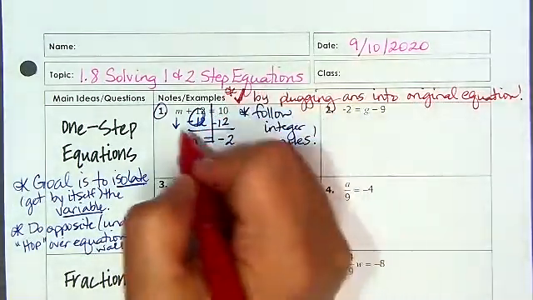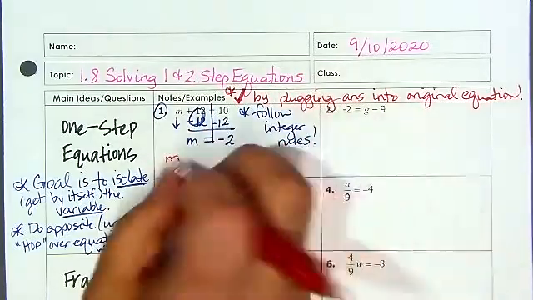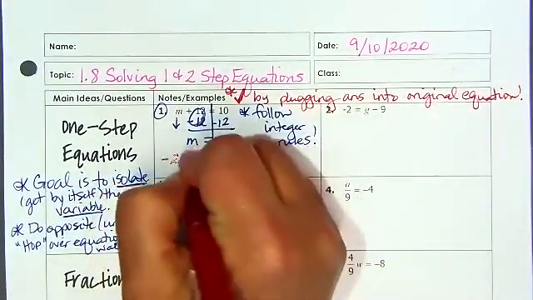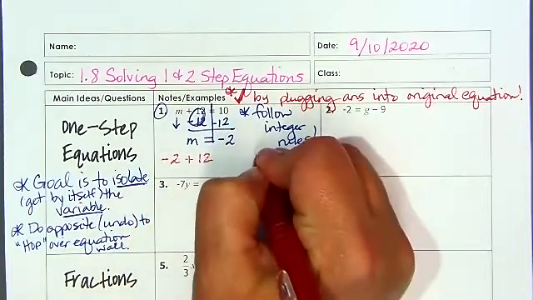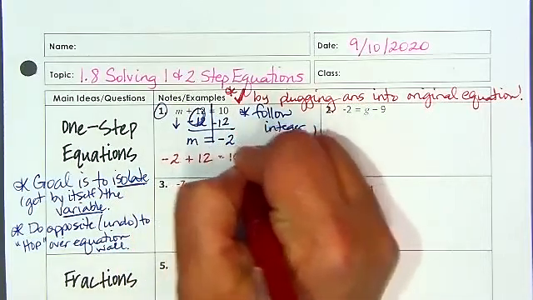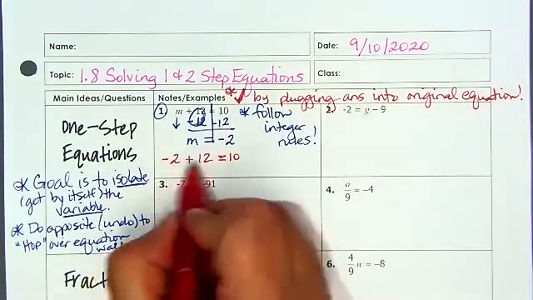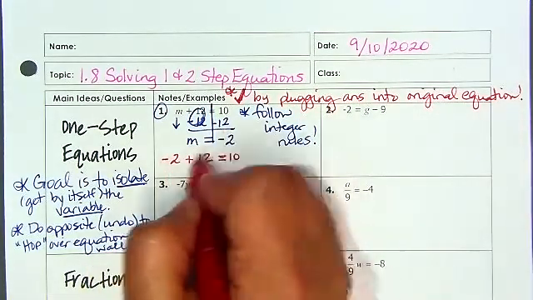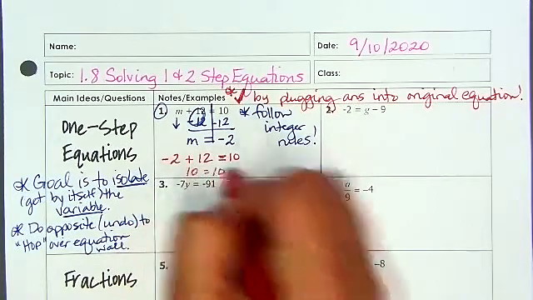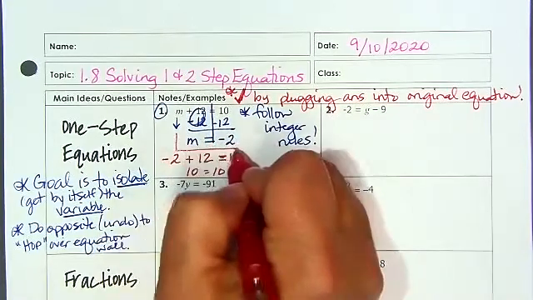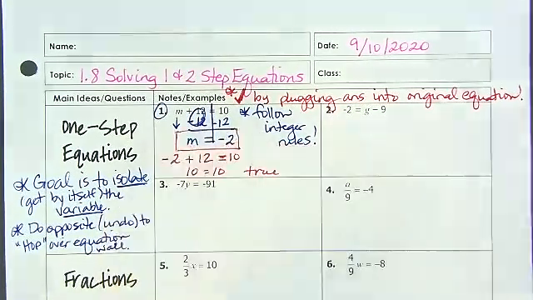So I'm plugging in for m. Negative 2 plus 12. I want to see if that's going to equal 10, if it's going to make a true statement. Negative 2 plus 12, different signs, so they're doing battle. The positives are winning, so we get 10 equals 10. This is true, so therefore this is my correct answer. There is no reason for you to miss an equation because you can always check it.